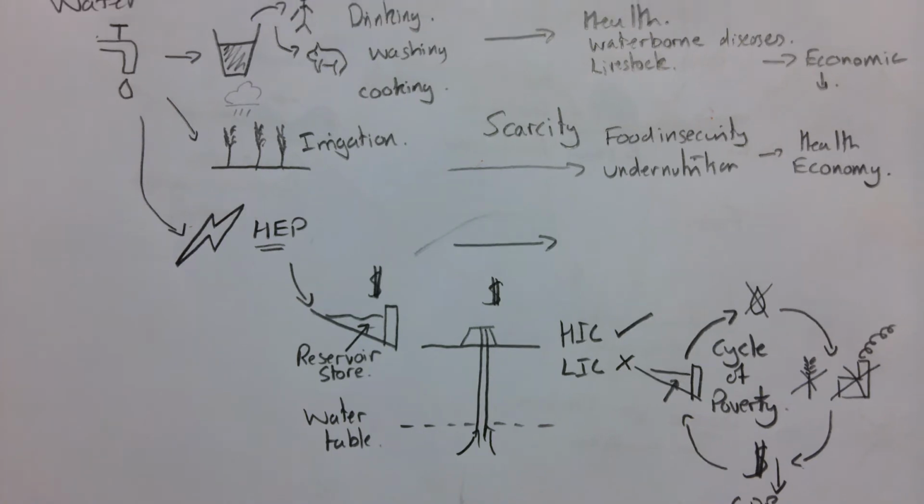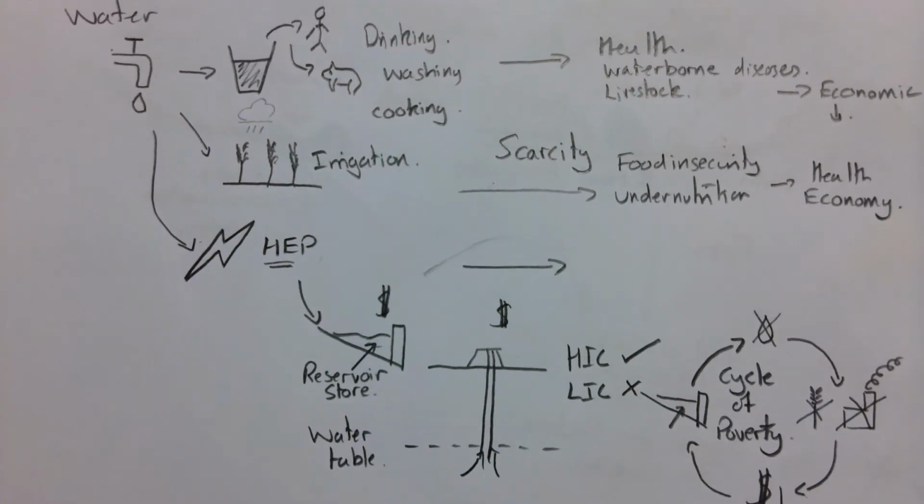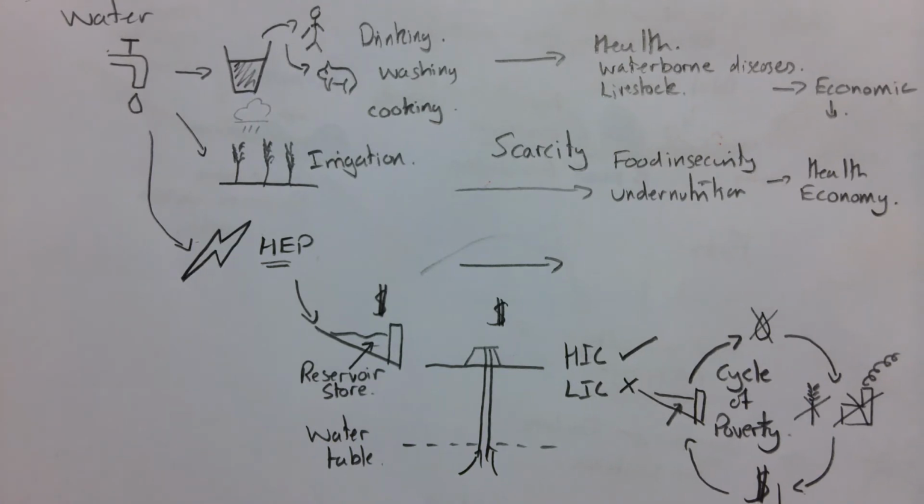Right, let's have a couple of questions and then I will set you a written one. Tell me 3 things that water is important for. That's right, it is for drinking, both humans and animals. It is for irrigating crops and also to produce power in hydroelectric power.